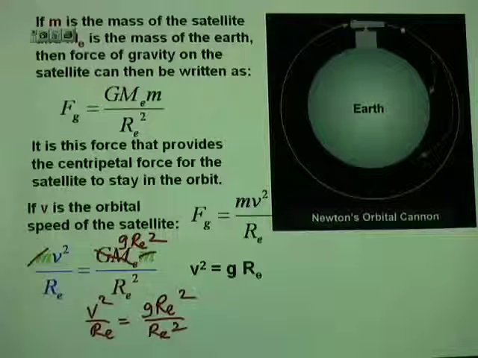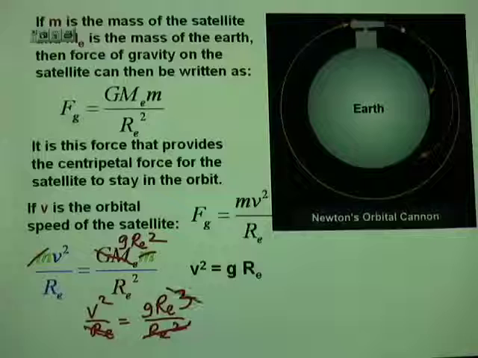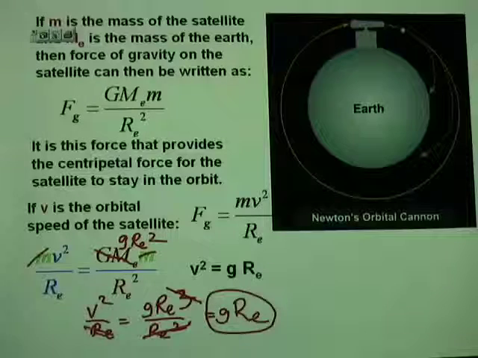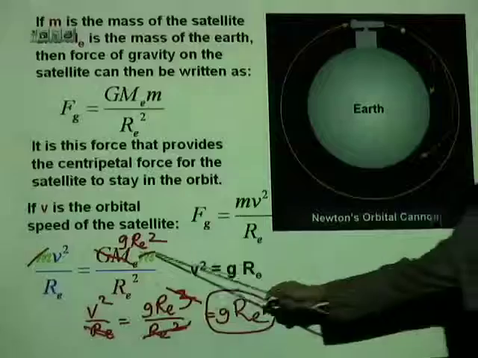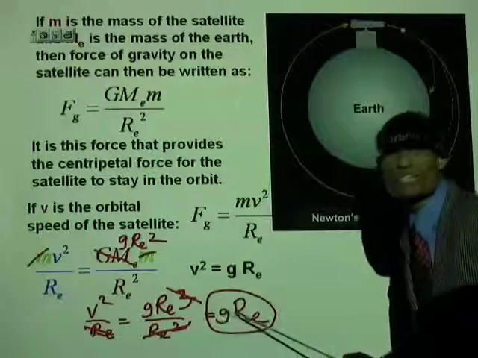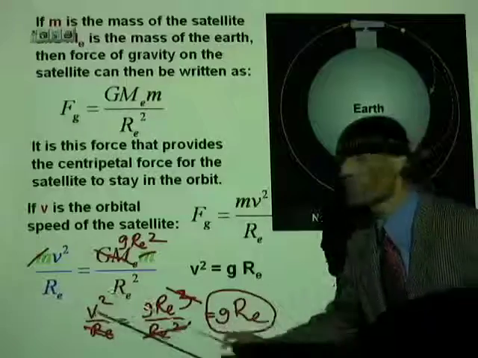And multiplying by RE, I can make that RE cubed, and RE squared in the denominator will cancel with the RE cubed, leaving g RE. So solving that equation gives you v squared equal to g RE, where v is the orbital speed.